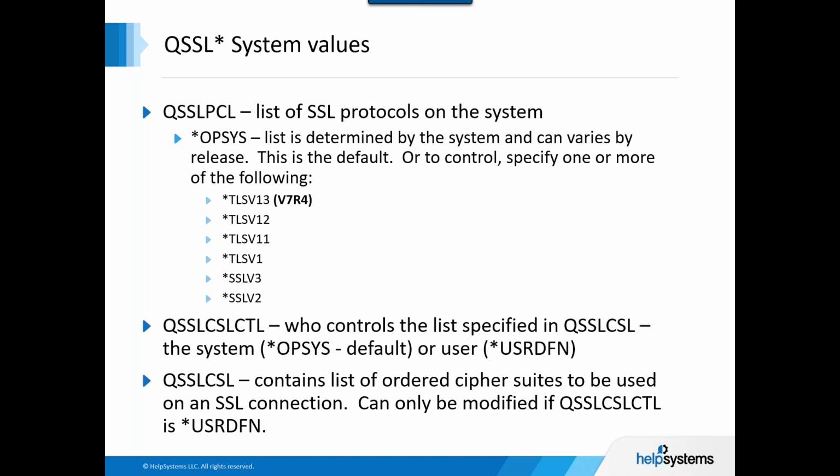And the reason is because the other protocols, TLS 1.1, 1.0, and all of the SSL protocols, are quite old and quite vulnerable. There have been a number of vulnerabilities exposed. So from a best practice, you want to get to the point of being able to use only TLS v1.2. If you're running version 7.4 of the operating system, you also have the opportunity to run TLS version 1.3.